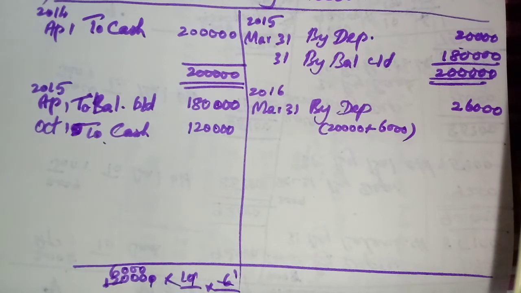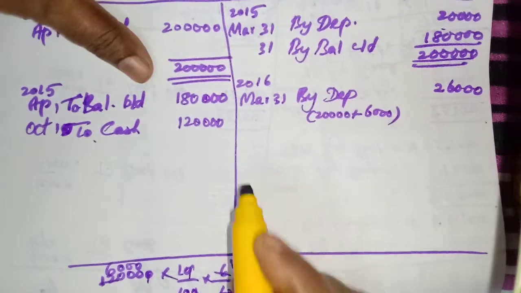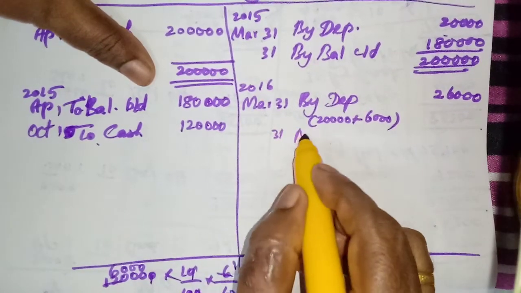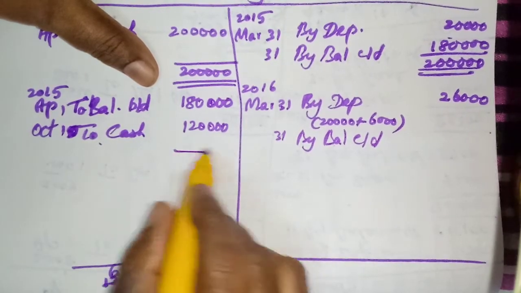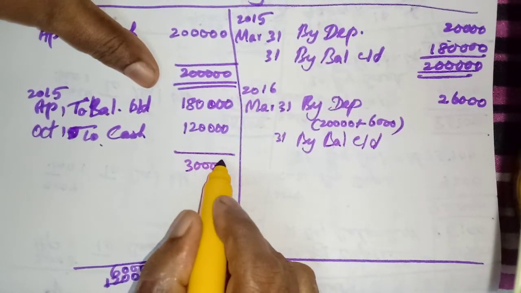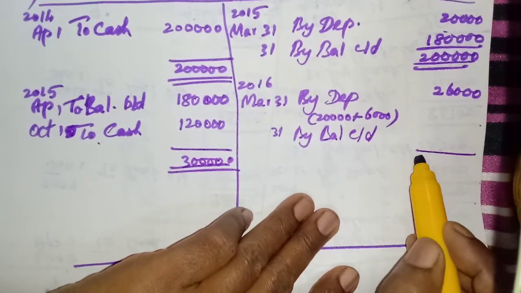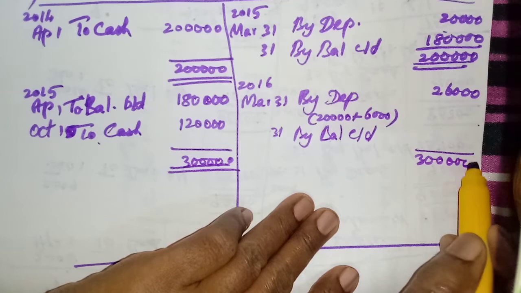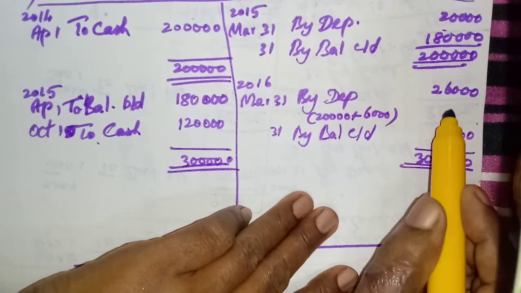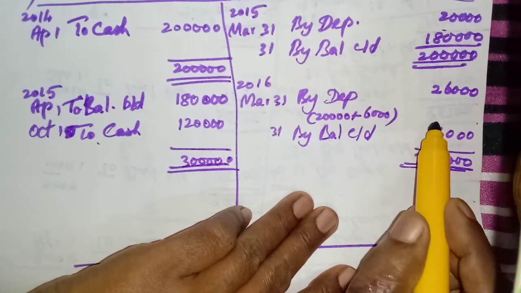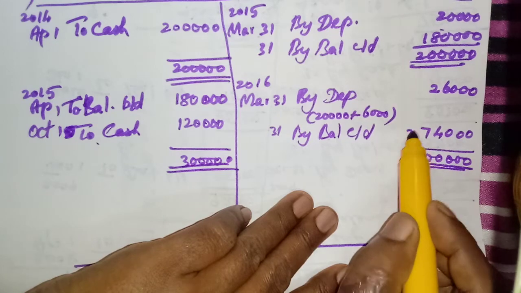Now we can close this year. By balance carry down, how much? Here 3 lakh. Calculate the balance. 6 plus 4, 10, balance 1, 3. 3 plus 7, 10, balance 1, 2.